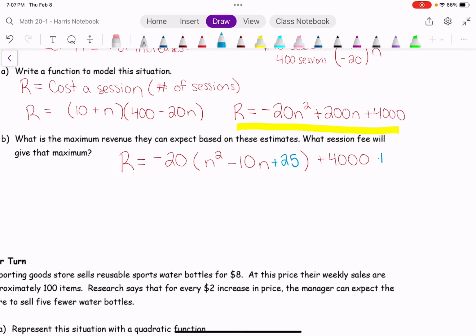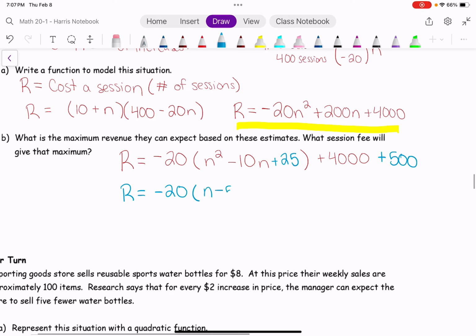So I need to add 500 here. So my revenue comes out to be negative 20 bracket n minus 5 squared plus 4,500.